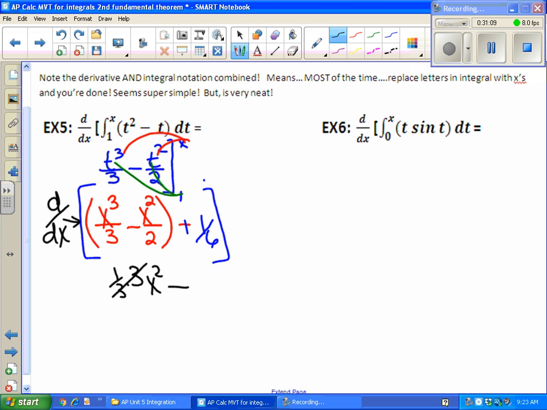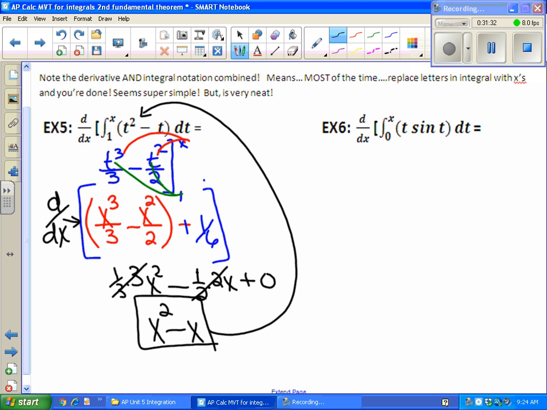Minus, what's the derivative of x squared over 2? 1/2, bring the 2 out front, that'd be x. Well, 1/2 and 2 cancel. And then I'm going to have plus, and what's the derivative of a constant? 0. And I end up with x squared minus x, and that would be my derivative with respect to x. Now, how does this compare to what was here originally, the function I started with? I want you to compare this to what?